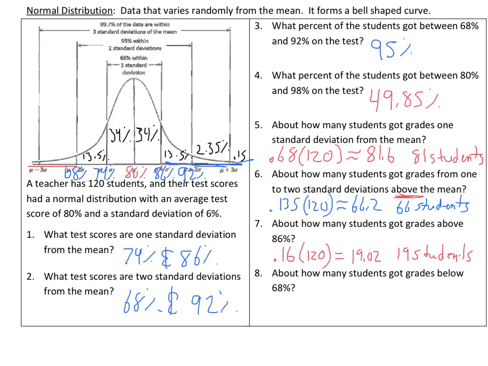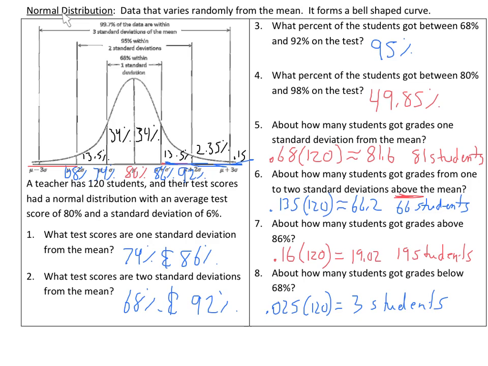So we have 2.5%, which is 0.025 times the 120 people, and when you multiply that, you get 3 students. What that means is 3 students would get below 68%, because you only have 2.35 plus 0.15% of the kids down here below that grade.